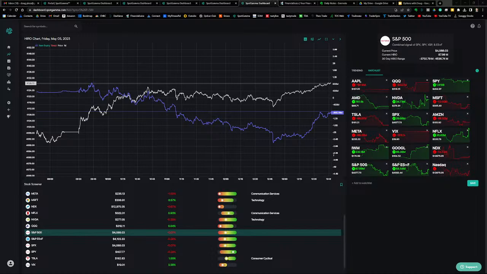So if you were looking at hero for S&P 500 for a confirmation of trend today, it did not provide much help. And like I showed before, the cumulative volume delta was trending lower, as well as iceberg orders.